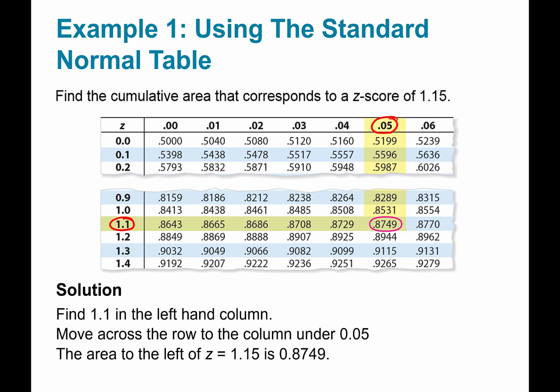In this case, it's 0.8749. So the area to the left of z equaling 1.15 is 0.8749. Or remember, this is the same thing as saying the probability that z is less than or equal to 1.15 is 0.8749.